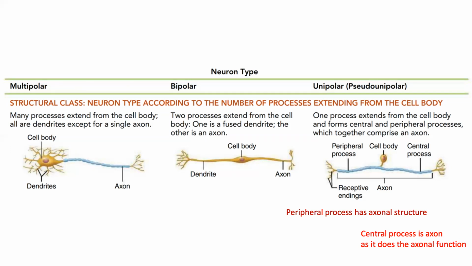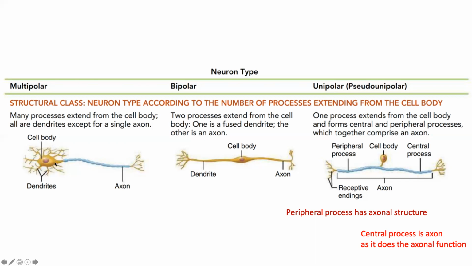If we look at the multipolar neurons, we have our cell body here, and there will be dendrites, which are branching out from the cell body. The dendrite tips, ends, will act as a receptor and take all the information from the periphery to the cell body.